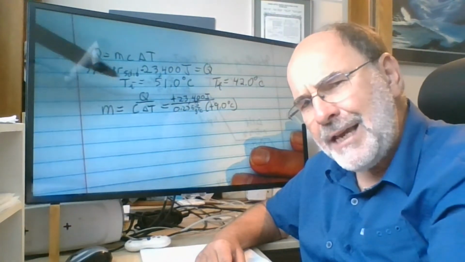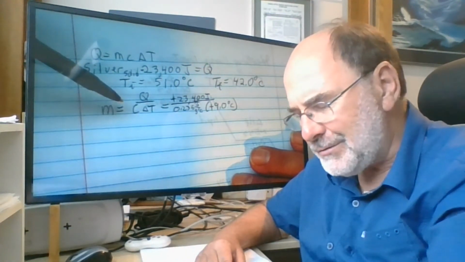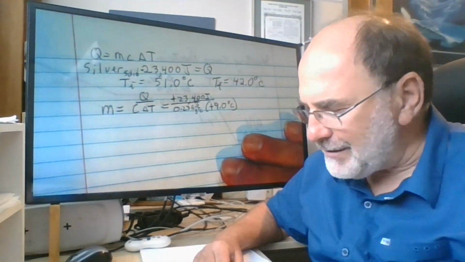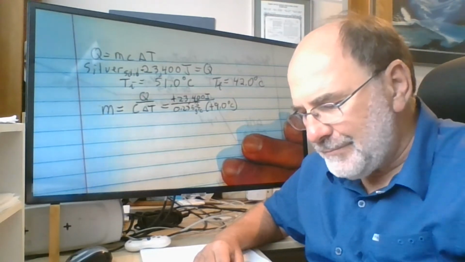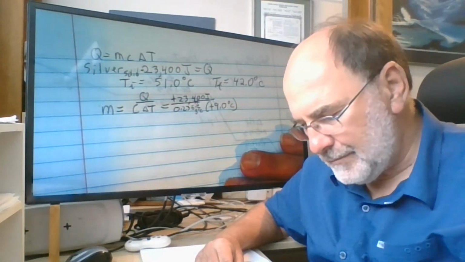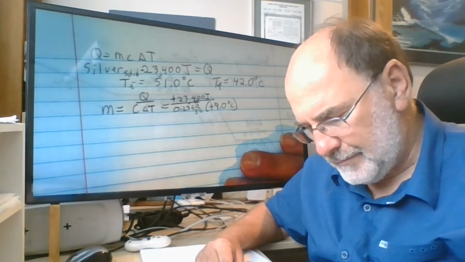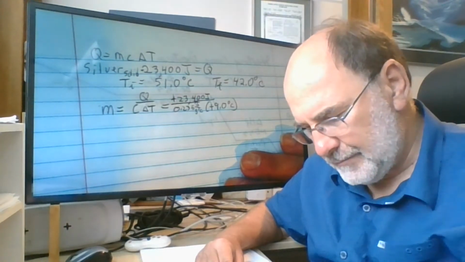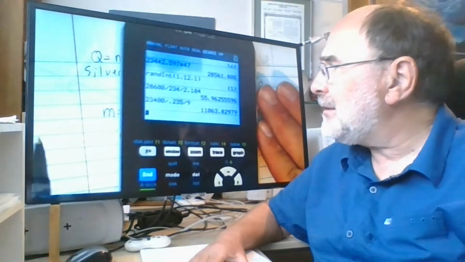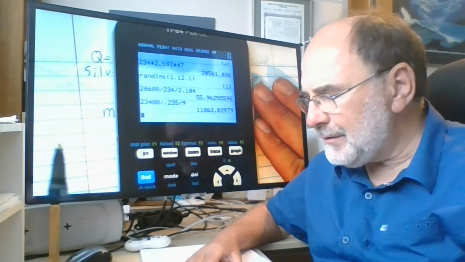You can't have a negative mass, and so you should be able to figure that out. All right, calculate, please. I think you can see the result better than me.